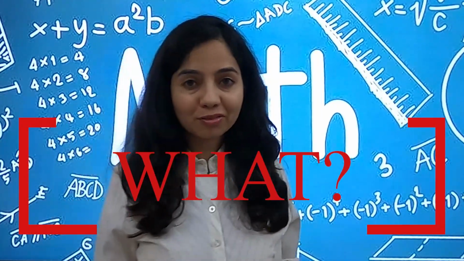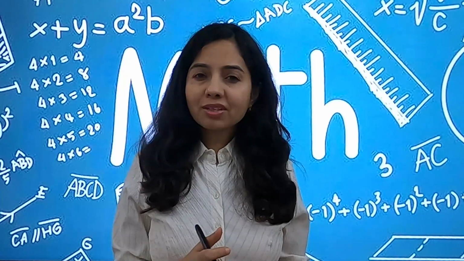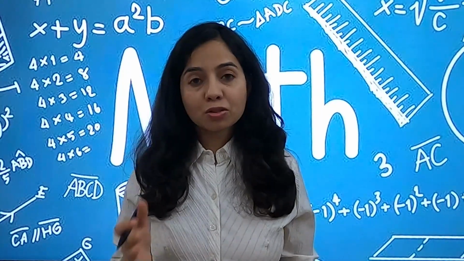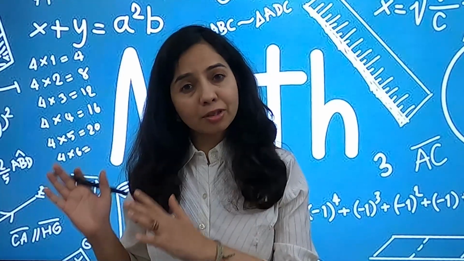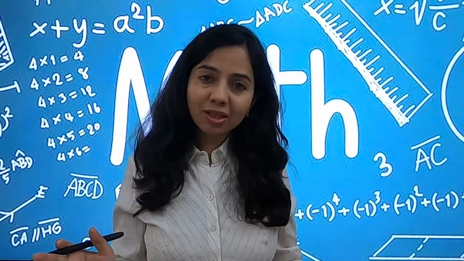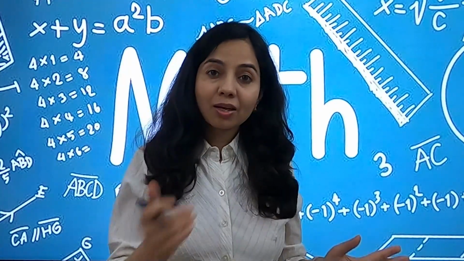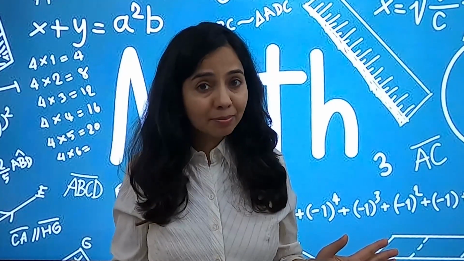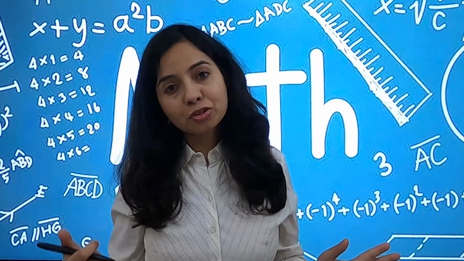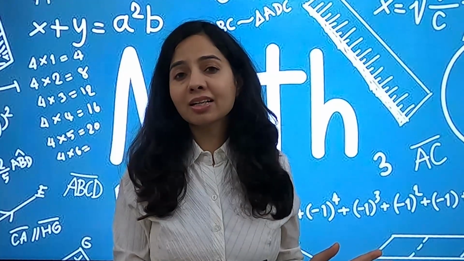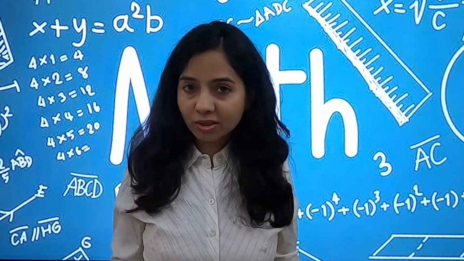What is rounding off? Rounding off is a simple method to convert the original number into a simpler number, which is a close approximate of the original number and gives us a fair idea of what it is.